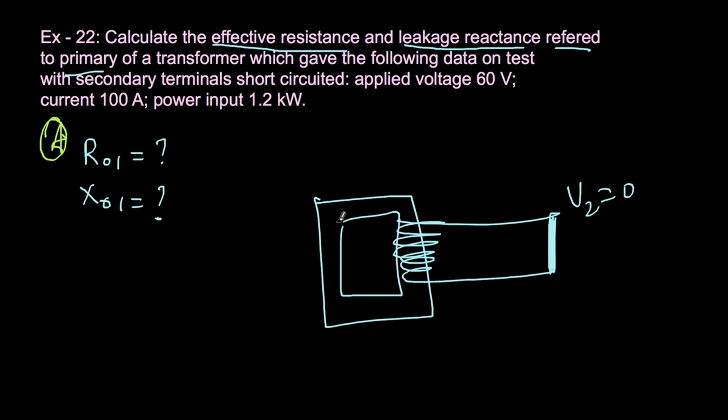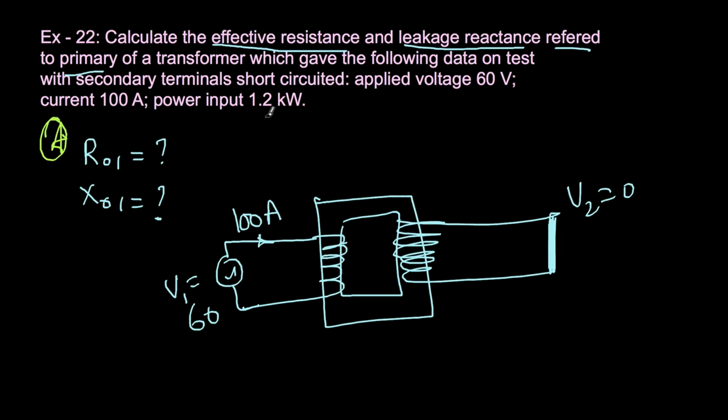Applied voltage is 60 volts, so V1 equals 60. Current is 100 amperes, and the input power P1 is 1.2 kilowatts. P2 will be 0 because V2 is 0. So 1.2 kilowatts is the input power.